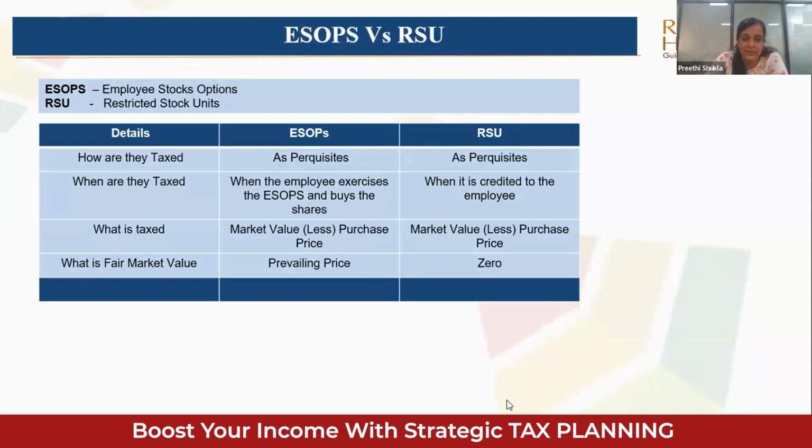It's a fringe benefit. Okay, so what is taxed? Market value less purchase price. In the case of an ESOP, the market value is the prevailing price. For an RSU, I stand corrected here, your purchase price is zero. So whatever is the fair market value, you will be taxed on that.